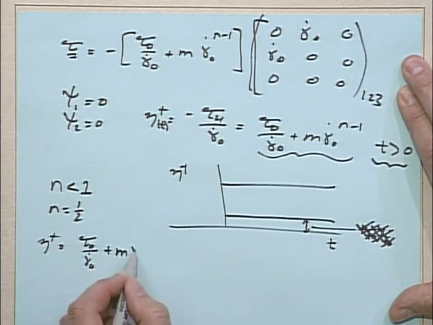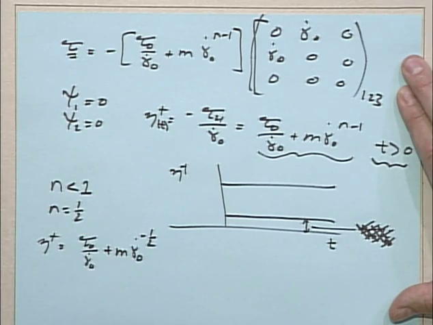Plus m gamma dot naught to the minus 1/2. So if this were just the power law model, and I were just doing steady shear viscosity or this plateau level, so log eta plus at long times, t greater than 0, versus shear rate, it would be just like a power law model.